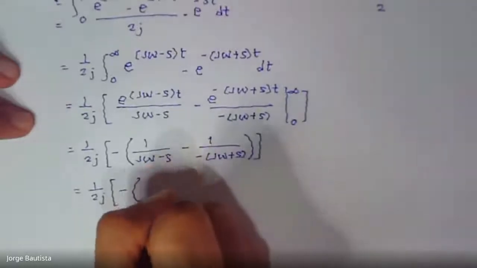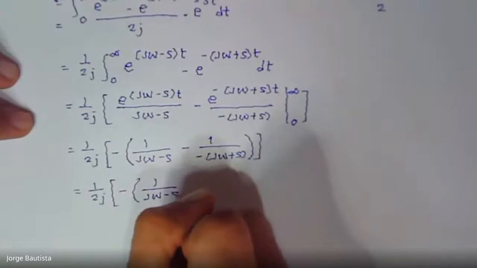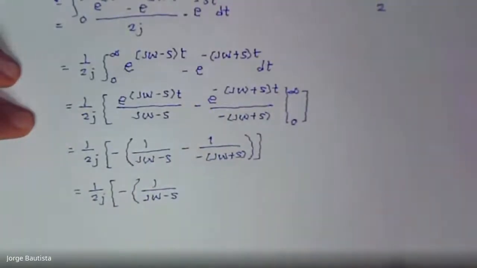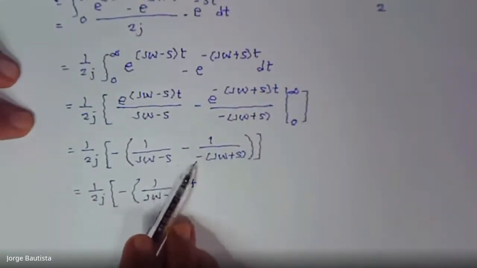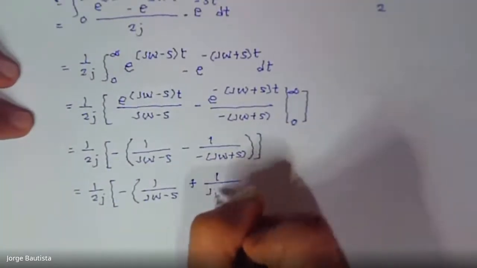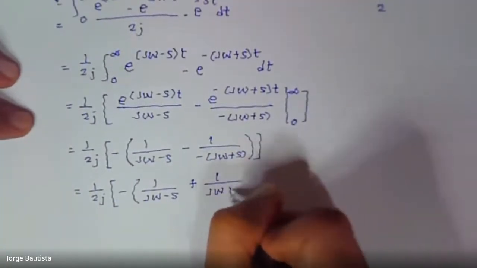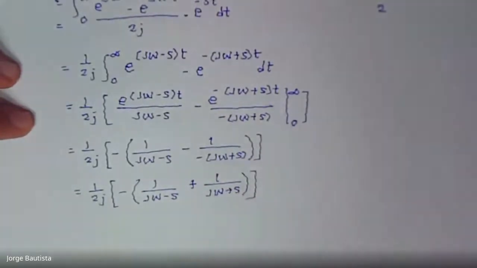Okay, it will become 1 over j omega minus s. No, magiging plus na. Bakit magiging plus na? Kasi minus minus. Diba? Minus minus. So magiging plus na yan. So 1 over j omega plus s. Okay? Yan.